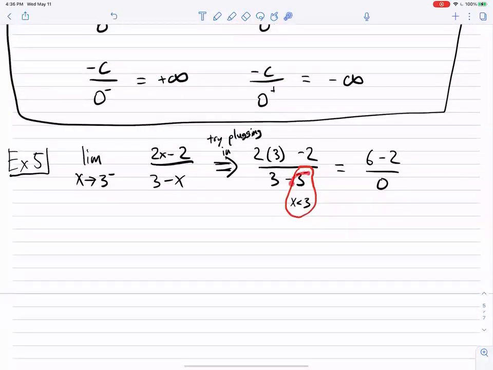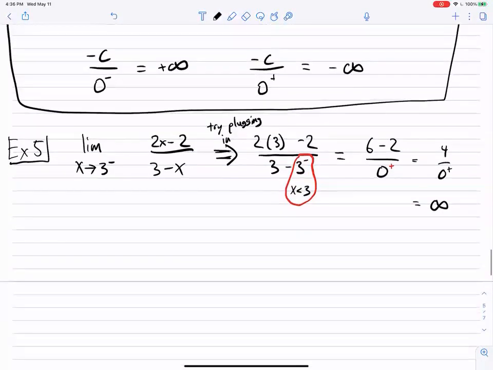So if I plug in a number smaller than 3, then 3 minus a number smaller than 3 will be 0 from the right. And so this is going to be equal to 4 over 0 from the right, but we know exactly what that is. That's going to be positive infinity because you have a positive over positive.